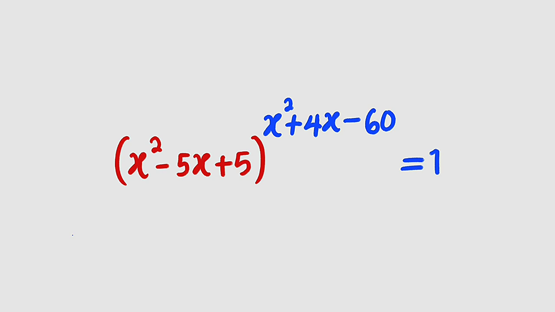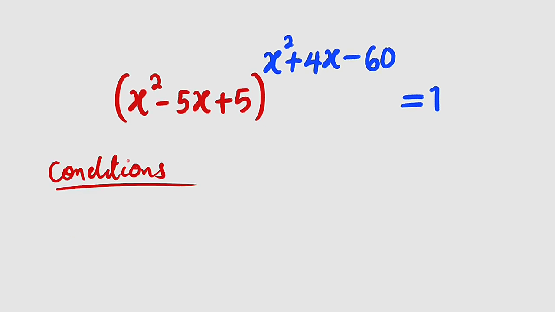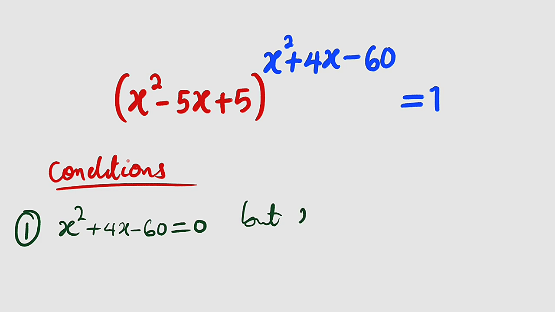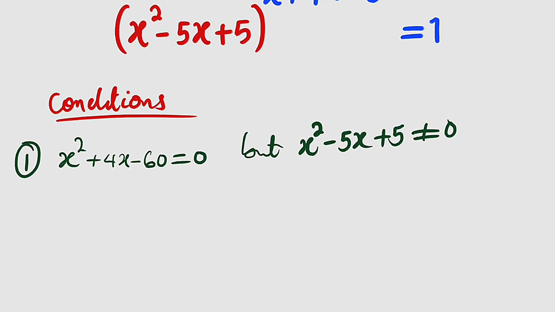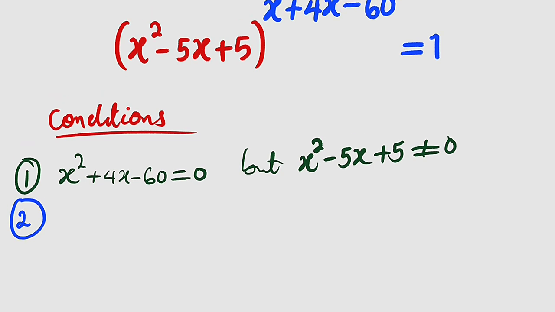So now let us write the three conditions. The first one is when the exponent is 0, that is x squared plus 4x minus 60 equals 0, but the base, which is x squared minus 5x plus 5, cannot be 0. That is the first condition. And the second condition is when the base is equal to 1.